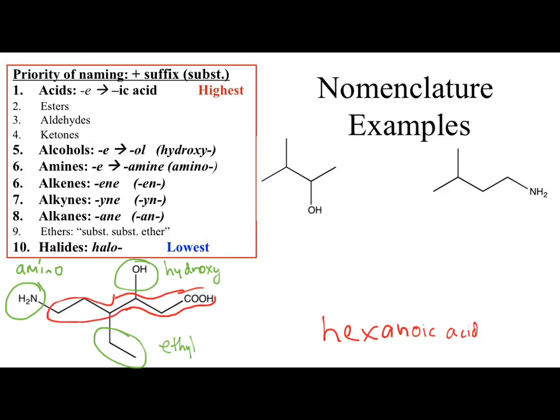Okay, where do we start our numbering? On the acid carbon. So there's 1, 2, 3, 4, 5, 6. So we get 6-amino, 4-ethyl, 3-hydroxy hexanoic acid.